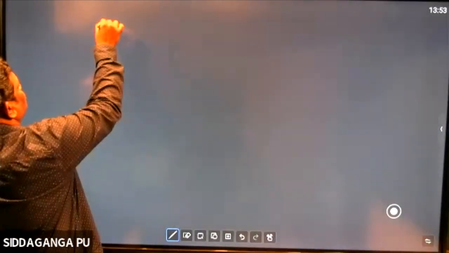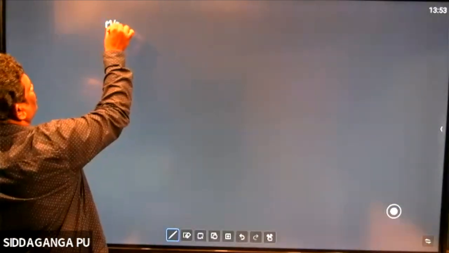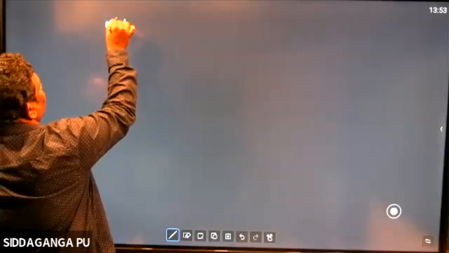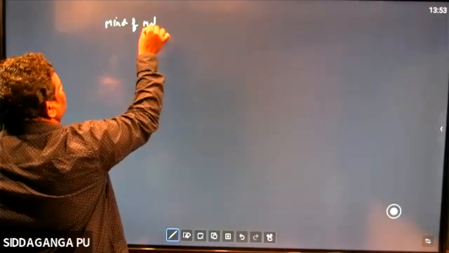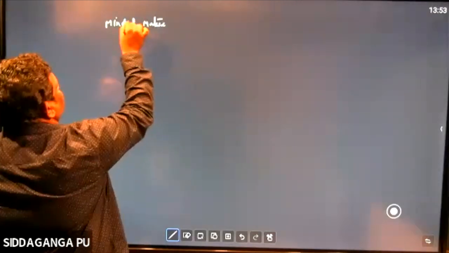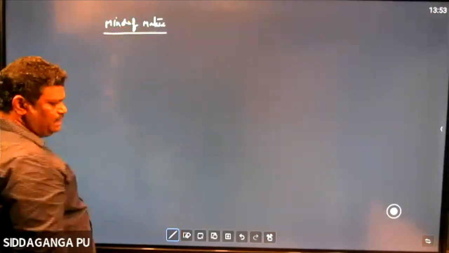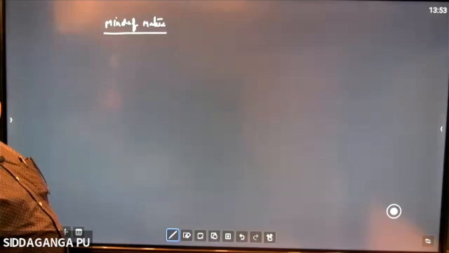Next, another definition: minors of a matrix, the minors of a given matrix. Here I took a 3 by 3 matrix.